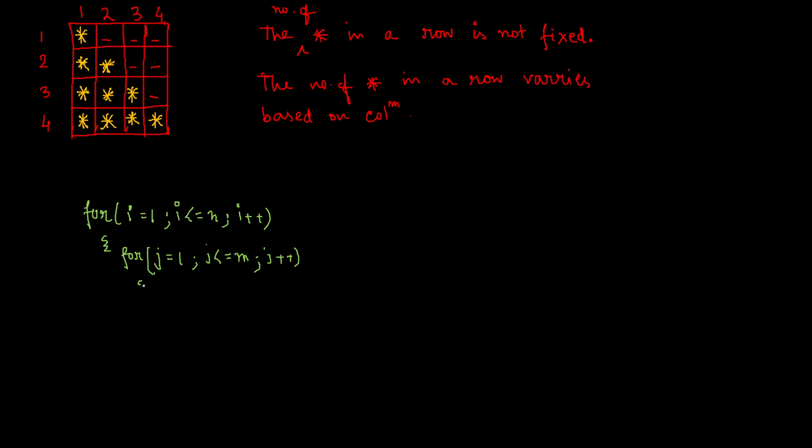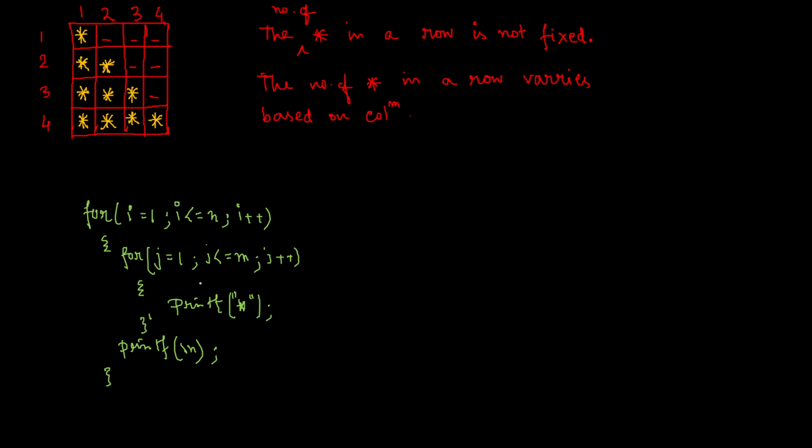And there was a print statement, print star, and then printf slash n. Anyway, I'm not following the exact syntax, but I hope you can understand what I'm trying to say.